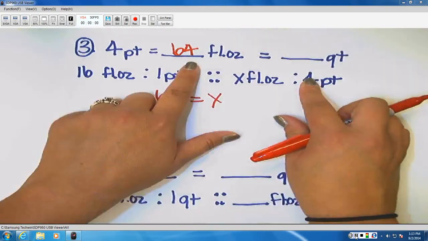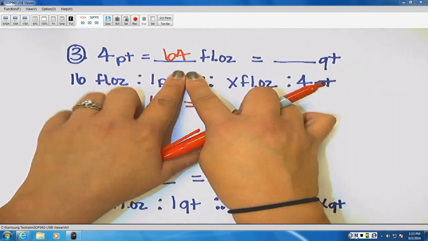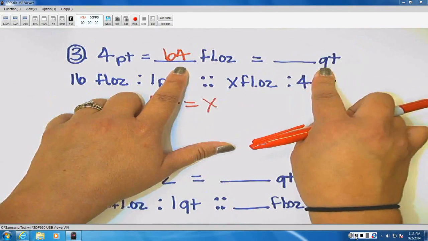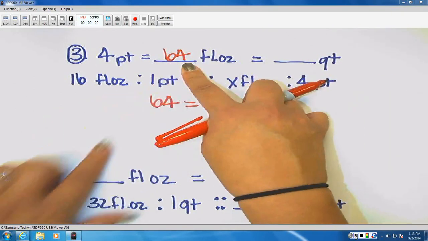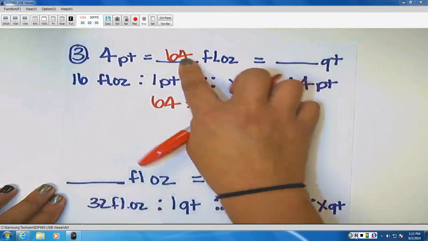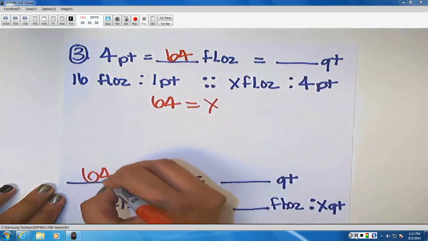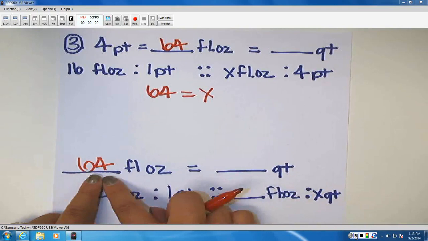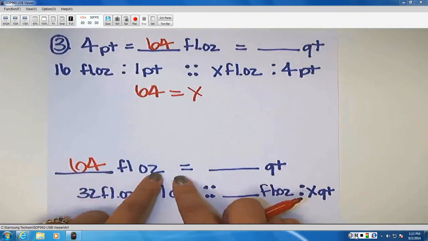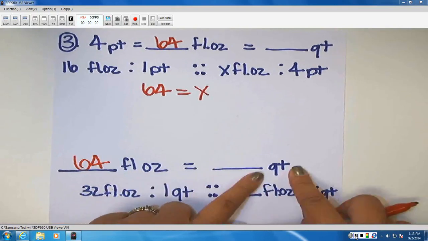So now I want to know how many pints, let me get this right, how many pints equals 64 fluid ounces. So I'm just going to take that 64, drop it down here. Here's my next question, my next equation. 64 fluid ounces equals how many pints?